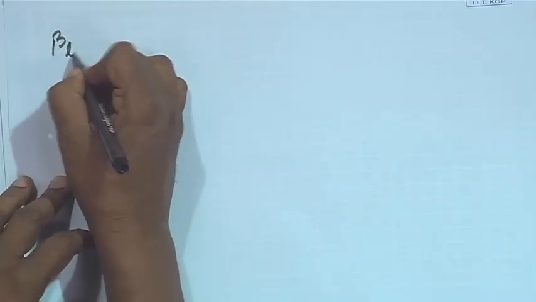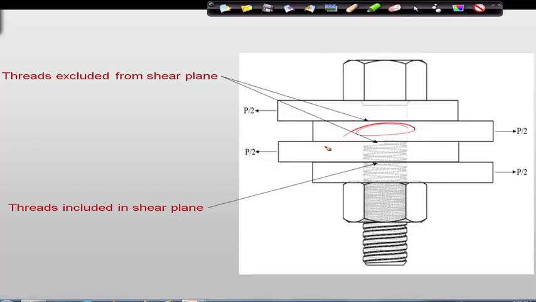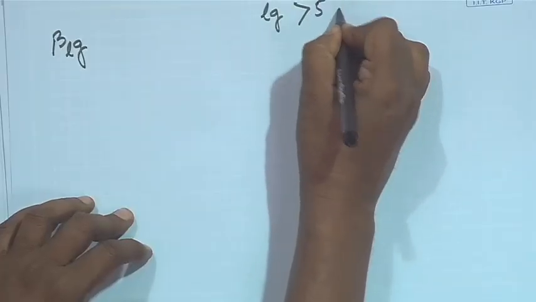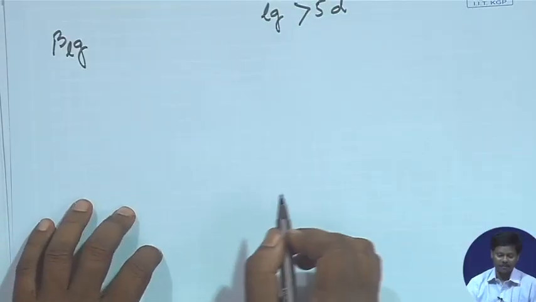Next we will calculate the value of beta Lg, which is the reduction factor due to large grip length. As I told, large grip length means when this length becomes high, when this Lg is more than 5 D. D is the nominal diameter of the bolt.